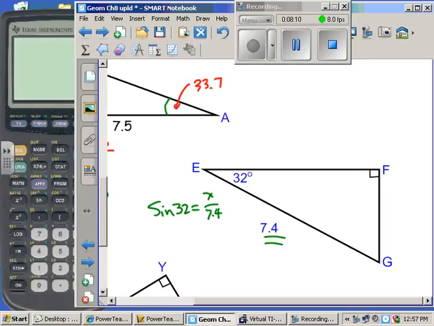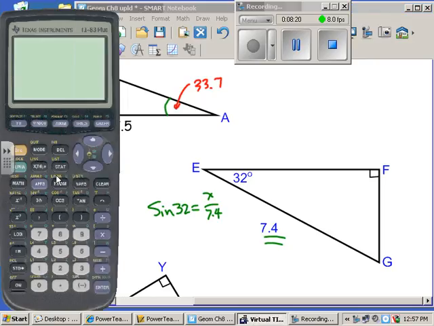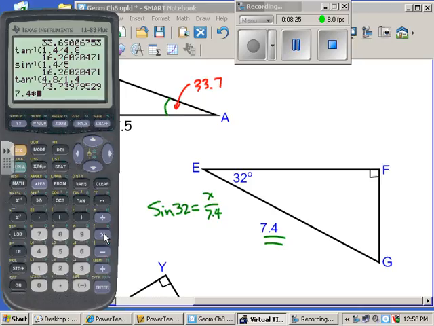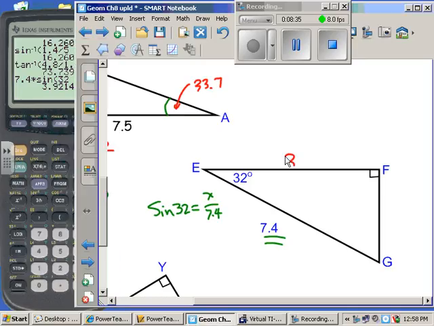So I used regular sine of 32 is equal to x over 7.4, and so I multiply both sides by 7.4, and that gives me 7.4 times sine of 32, and I get 3.92. So this side is 3.9. No, sorry, that's wrong. This side is 3.92 because we did sine, so opposite over hypotenuse. All right?